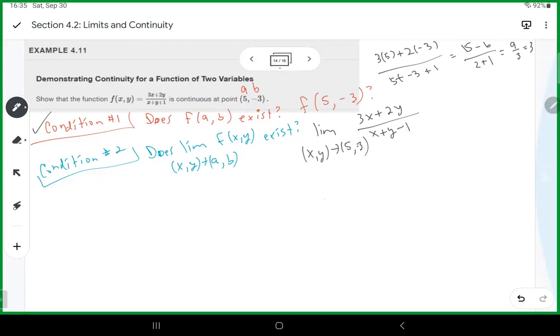And if we split it, what we end up finding out is, even though we write everything out, which means you would put the limit on the top and bottom, so the limit of 3x plus 2y on top, then you would rewrite the limit for the bottom.